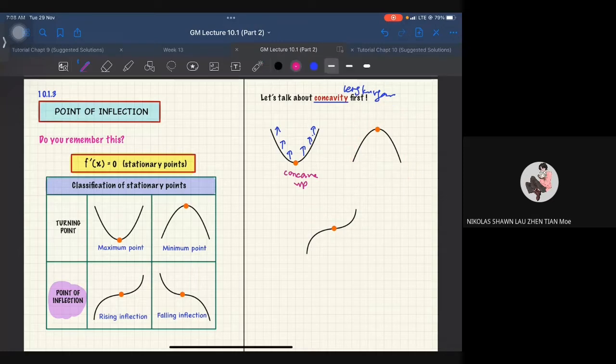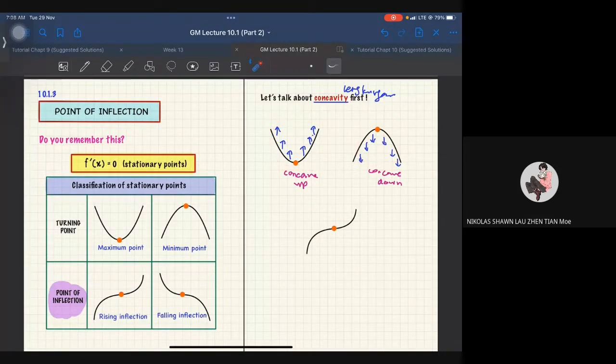Dia terbuka ke arah bawah. Anak panah kita lukis dia ke bawah macam ni. Dia concave down like this. So I write over here, concave down. Ini adalah case yang mana this one is minimum point, this one adalah maximum point.